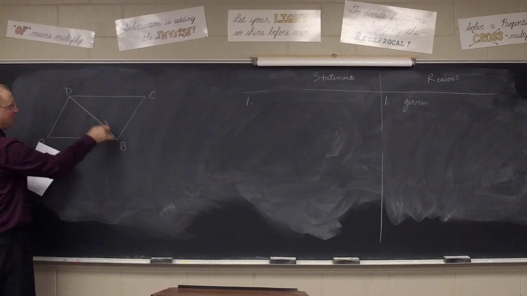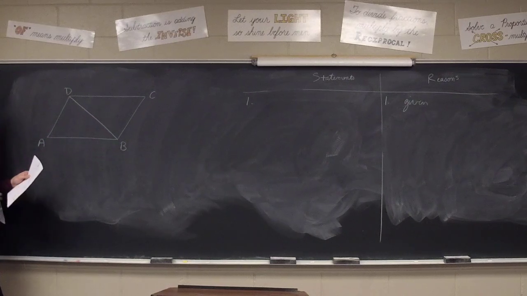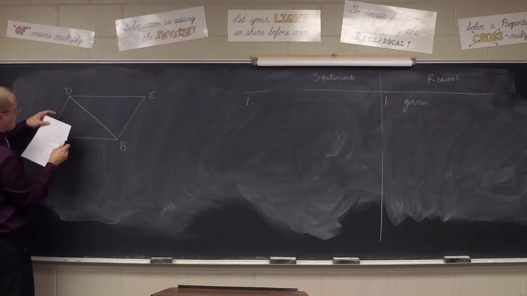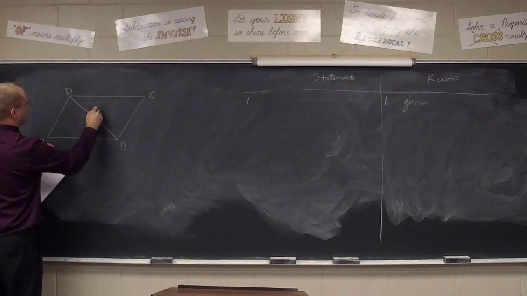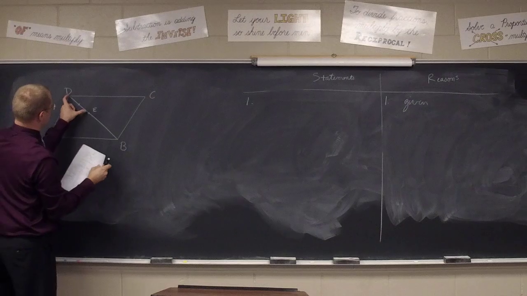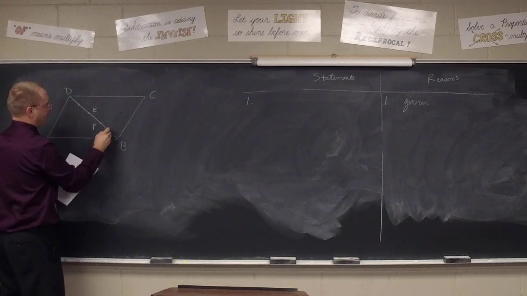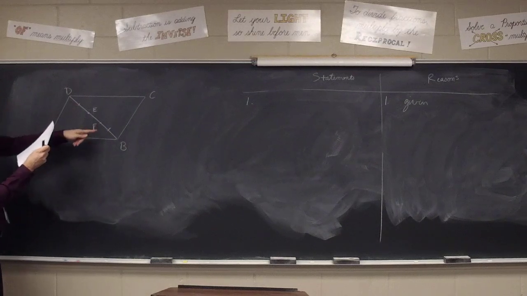And do you remember what we call a line that joins non-consecutive vertices? Diagonal. So we've got this diagonal, and it says that DE, so there's this certain distance from D, and that exact same distance is marked off here to a point called F. So DE and BF are equal.